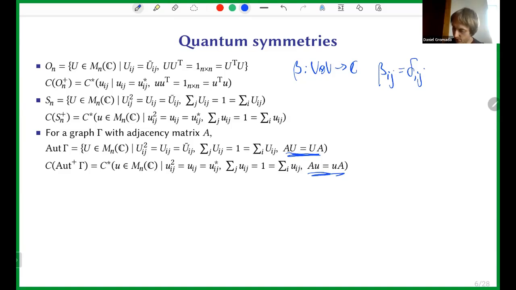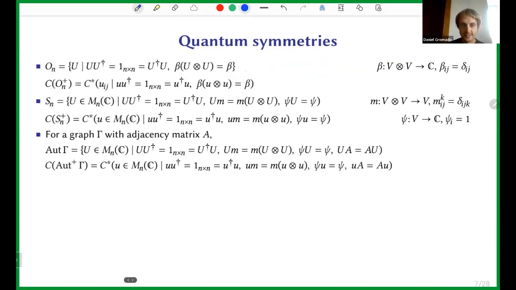So actually your relation, I could write it this way, that the action of U preserves this bilinear form beta. And if you really write down this relation, it's just the orthogonality. And the same holds for the symmetric group, although here it's not that obvious. I will explain that later. But again, those relations are sort of commuting with something.